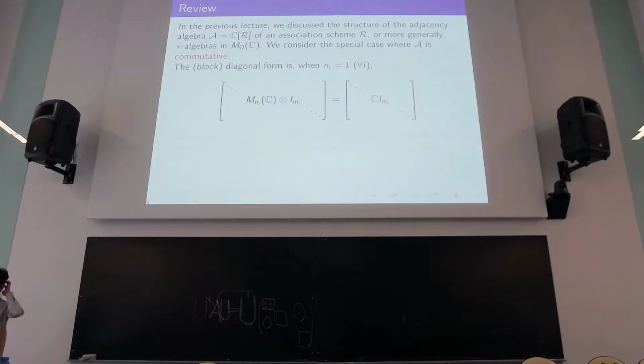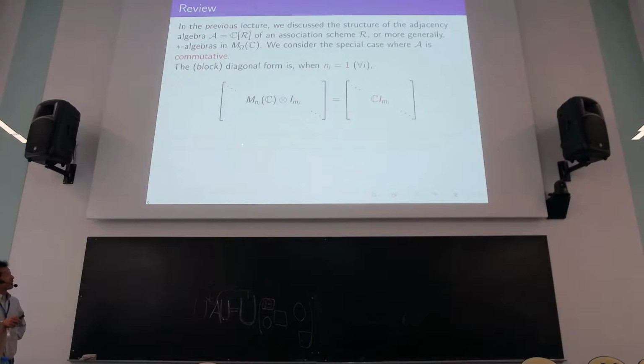Now, in this lecture, I will mainly focus on the multiplicity-free case. That is, the centralizer algebra is of this form, the full matrix algebra repeated m_i times, and multiplicity-free means that the centralizer algebra is commutative.